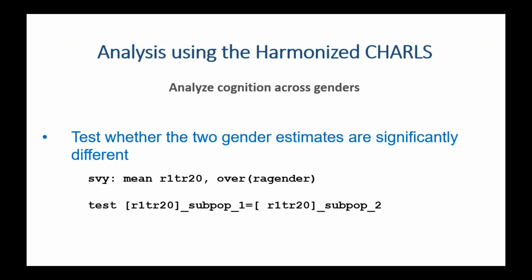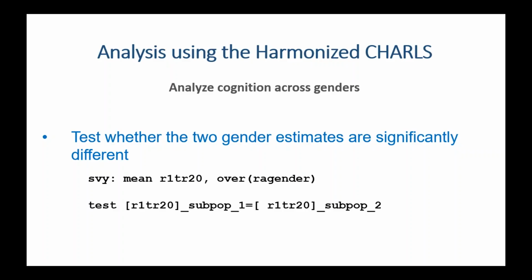So how you're going to do this is actually a little bit simpler than looking at the individual groups. So we're going to do svy. Again, we're going to take our mean for our cognitive summary score of total word recall. And in this case, we're going to specify an option which is over RA gender. And what that's going to do is, in the same step, look at males and females together.